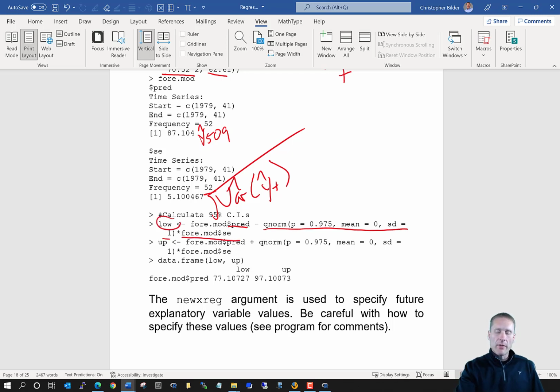That gives me my lower bound. I do a similar thing for my upper bound, but I put a plus there instead. And this is what I get for the corresponding confidence interval. So for 509, 97.1 is the upper bound, 77.1 is the lower bound.